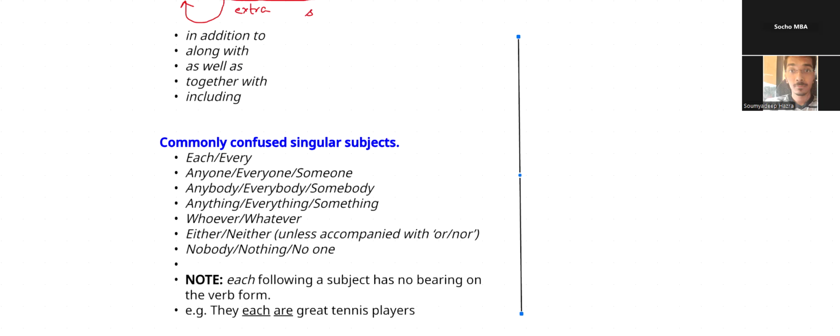The number and a number. Okay. The number and a number. Right. The number of acres under fire is incalculable.